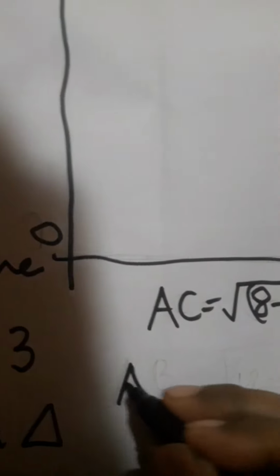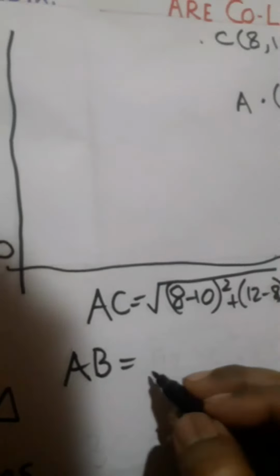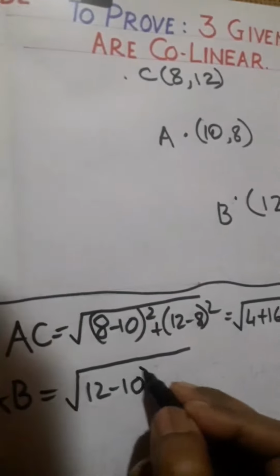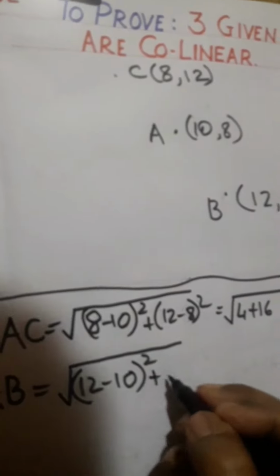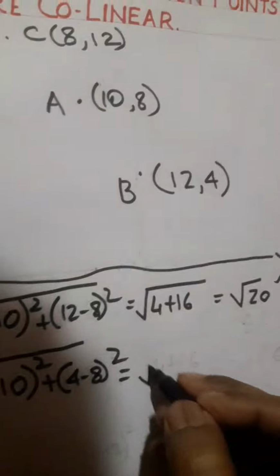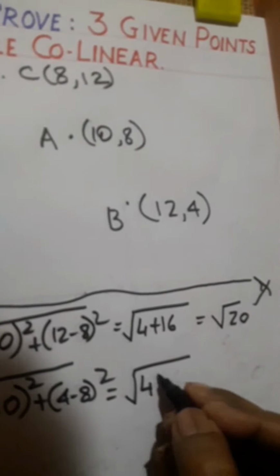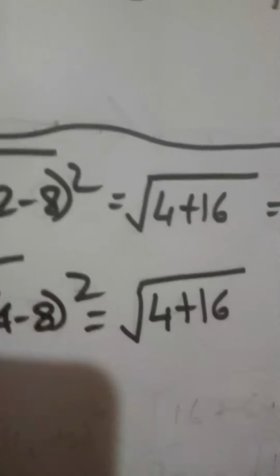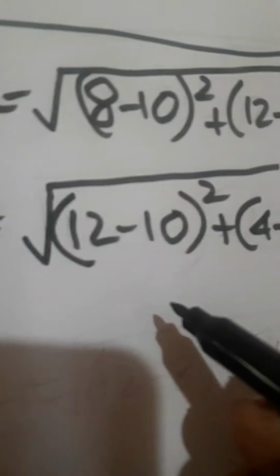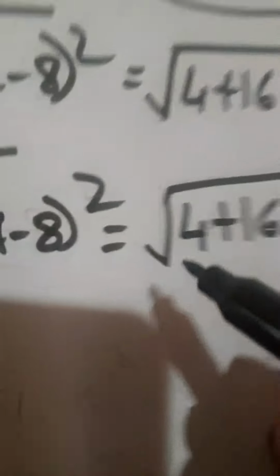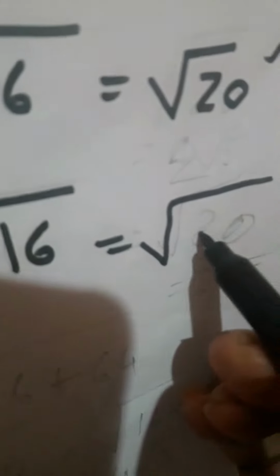Similarly, find out AB, equals root of 12 minus 10 whole square plus 4 minus 8 whole square, equals root of 4 plus 16, which again works out to root of 20.